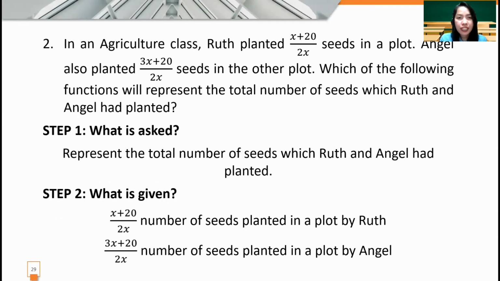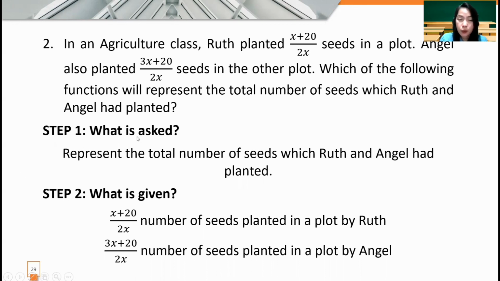In an agriculture class, Ruth planted x plus 20 all over 2x seeds in a plot. Angel also planted 3x plus 20 all over 2x seeds in the other plot. Which of the following functions will represent the total number of seeds which Ruth and Angel had planted?